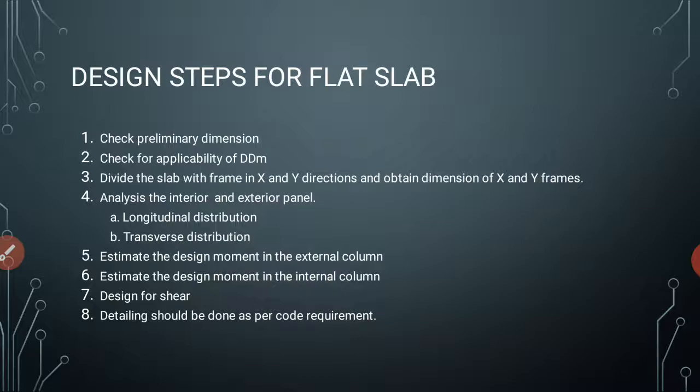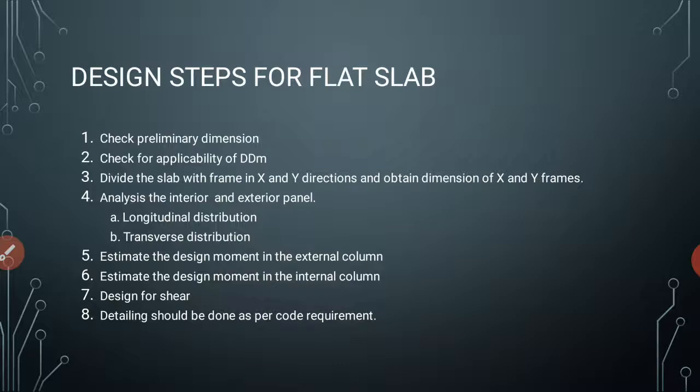So check for preliminary dimensions, then check for application of dead load and live load moments. Then divide the slab frame in x and y directions and obtain dimensions in the x and y frames. Then analyze the interior and external panels.